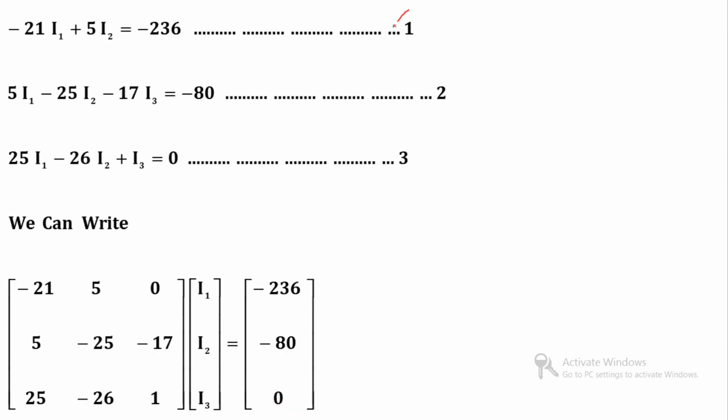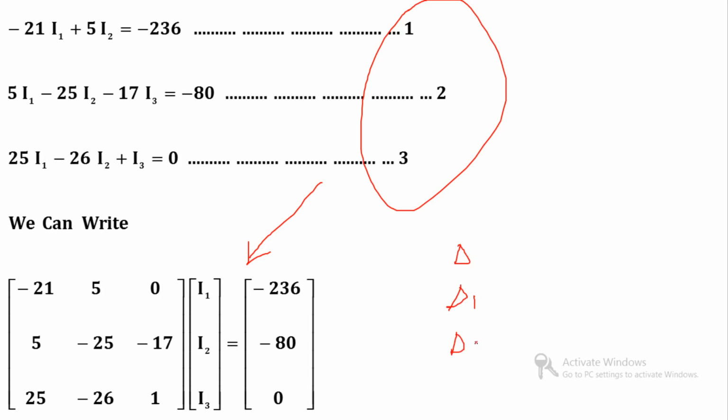Now, based on these equations we are going to apply Cramer's rule to find out the values of I1, I2 and I3. So, I can write the matrix form based on these three equations, and now we have to find out the values of delta, delta 1, delta 2 and delta 3 to find I1, I2 and I3.